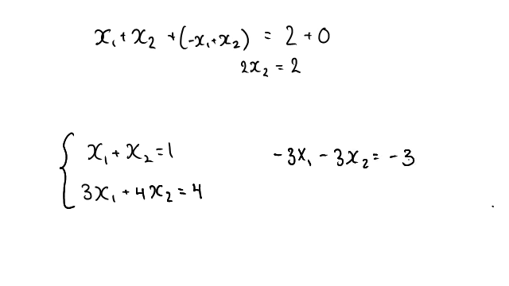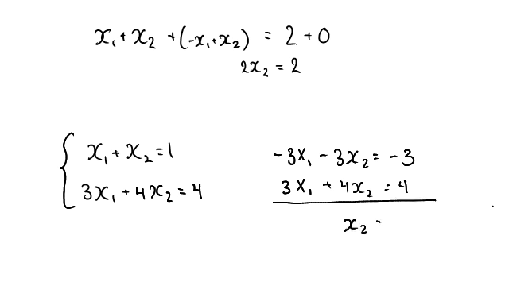If I now add it to the second equation, plus 4x2 = 4, the x1 cancels and I'm left with x2 = 1. And my new system reads x1 + x2 = 1 and x2 = 1, which has a simple solution. x1 is 0 and x2 is 1.